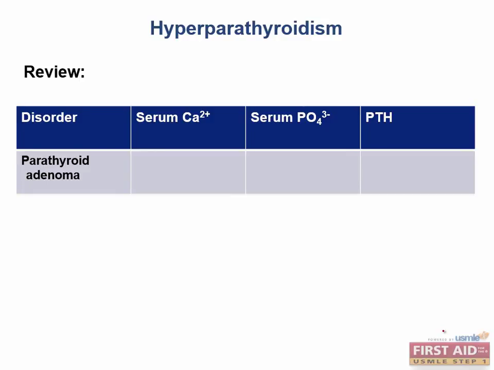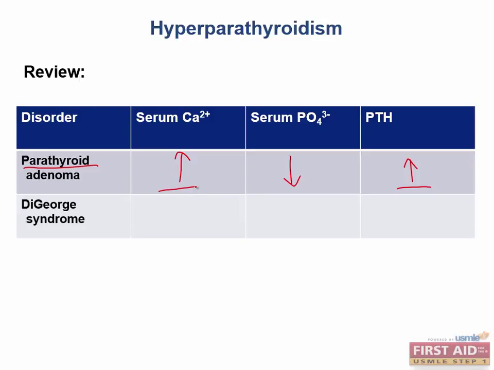So the root of the problem is increased PTH, which causes the calcium to go up and the phosphate to go down. So this is a primary problem with the parathyroid gland, meaning that the PTH and the calcium are going to be directly proportional. For the visual learners out there, this is going to be in the top right portion of the graph.